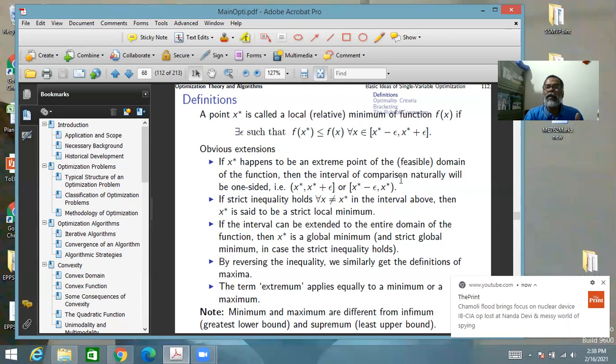Similarly, if x star happens to be the uppermost point of the domain, then on this side it will close. So this is for the extreme points of the domain sitting as x star.